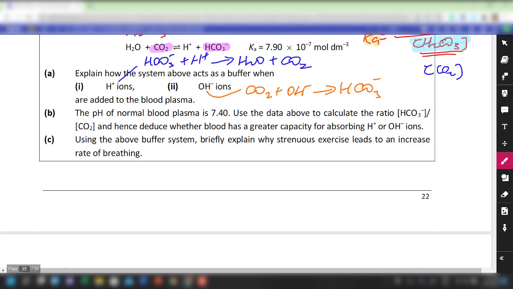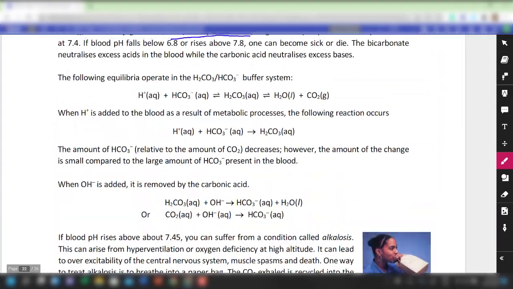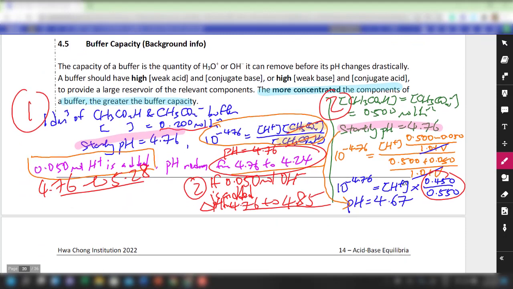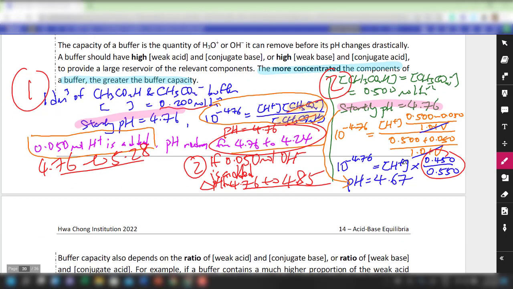Okay, then for part B, you are told the pH of normal blood plasma is 7.4. Use the data above to calculate the ratio of bicarbonate to CO2. Hence, deduce whether blood has a greater capacity to absorb H plus or OH minus. This is in response to what we were trying to showcase earlier on.